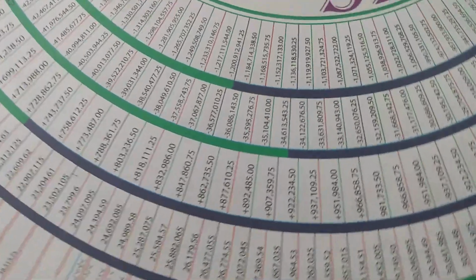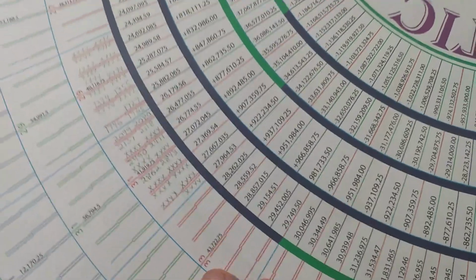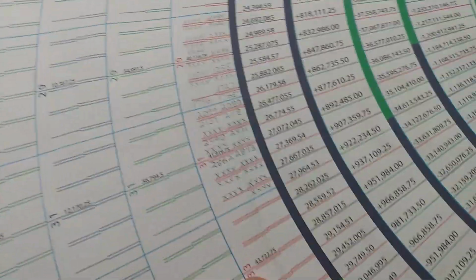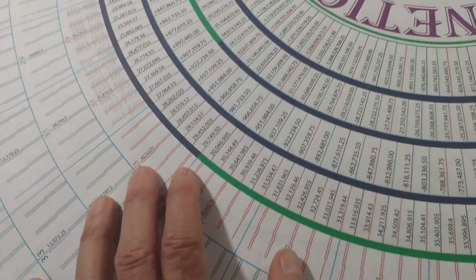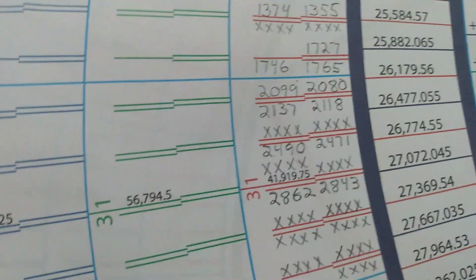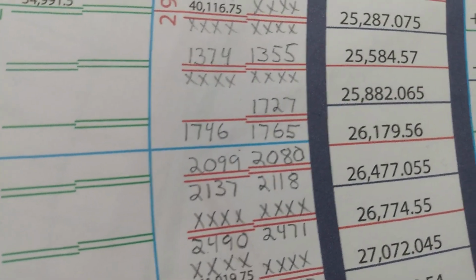Next one up is right here, which is North. Which one is that? Yeah, that's North Spring. Cycle Y summer. And we have these.